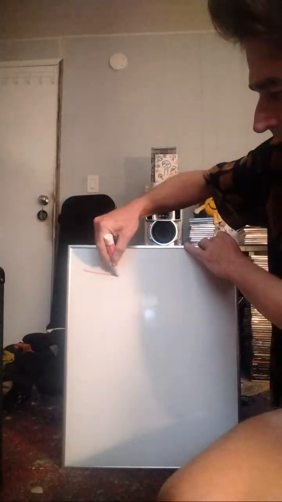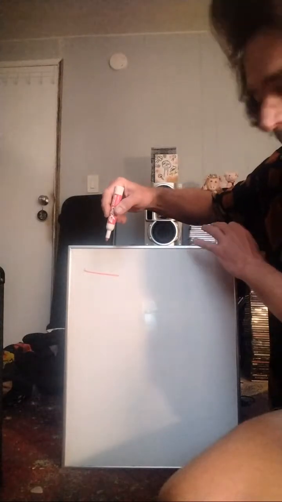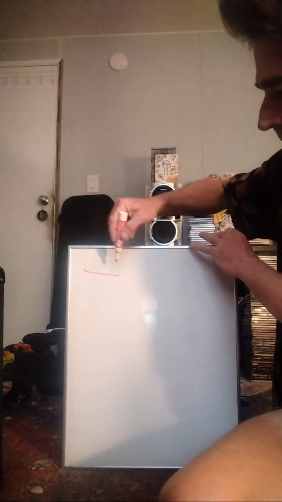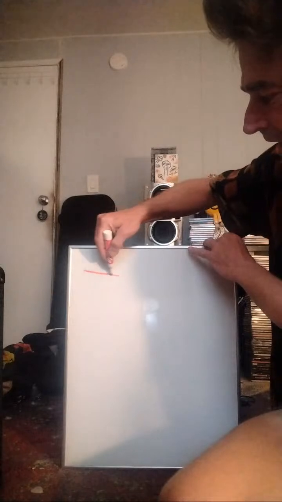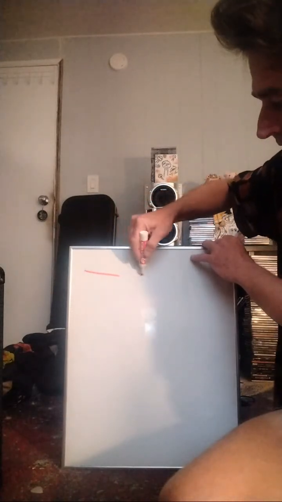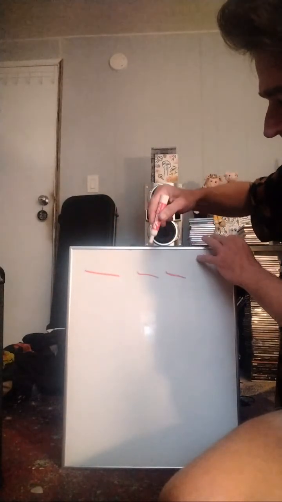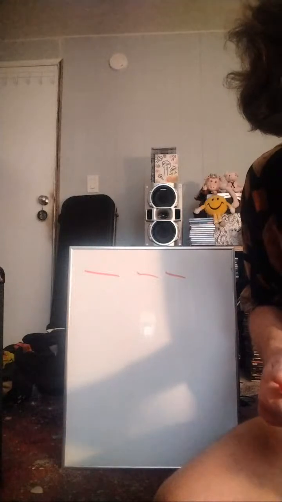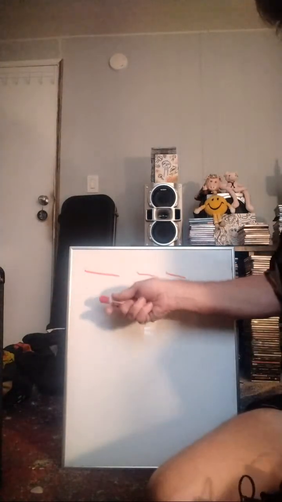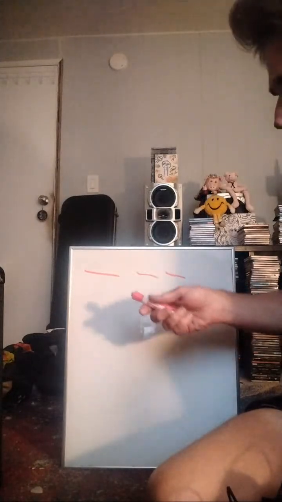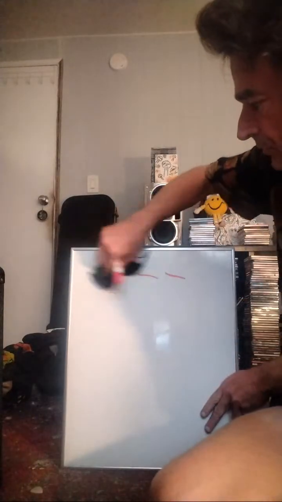Yang is a solid line, which is major. Yin is a broken line, which is minor. And there's something called trigrams, where there's three yin and yang combinations, and it turns out that there's 8 possible total variations.